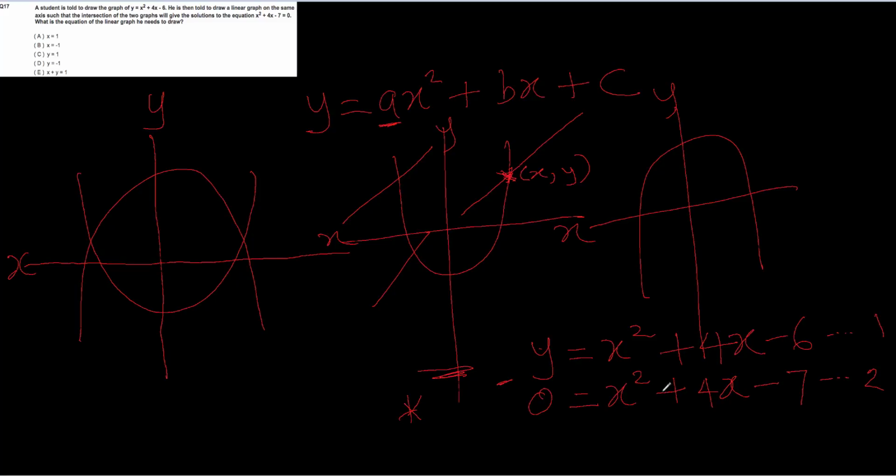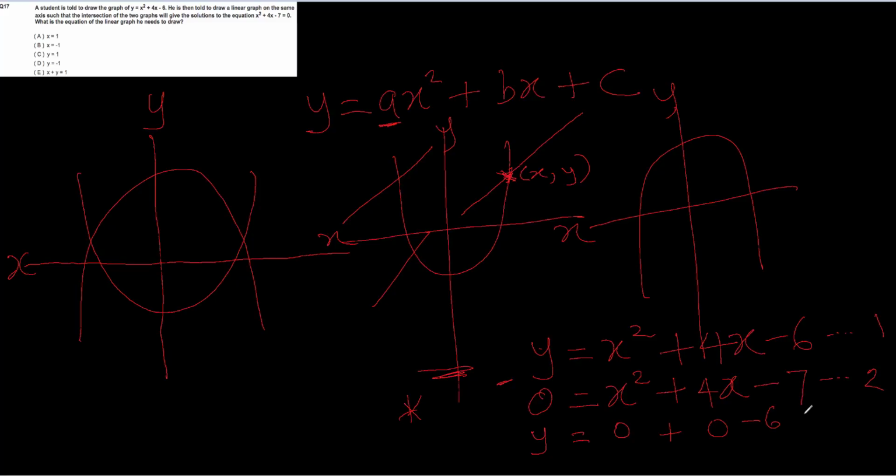We have something like this. y minus 0 will give us y is equal to x squared minus x squared, 0, plus 4x minus 4x, 0, minus 6, I have to write this down, minus minus 7.